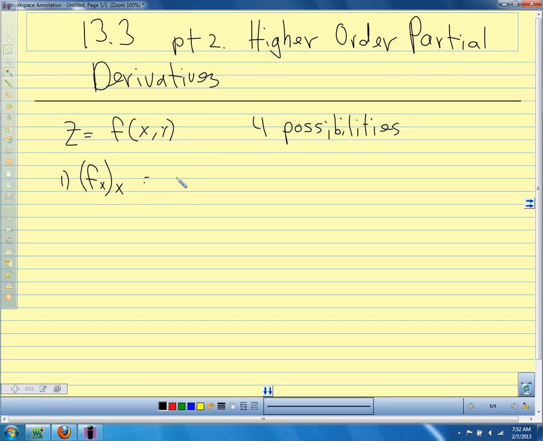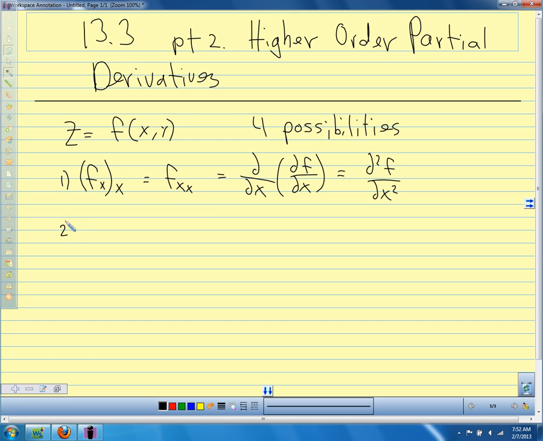The other way we write that is f sub xx. If we use our new symbol, this is d dx of df dx. And we also write this as d squared f dx squared. So all 4 of these notations mean the same thing. We're taking the first partial with respect to x, and then we're taking the partial derivative of that function with respect to x.